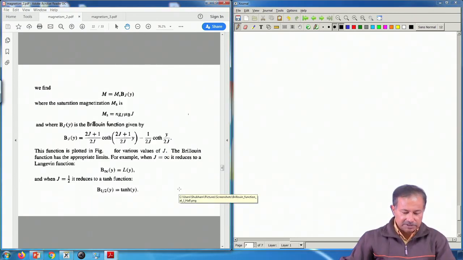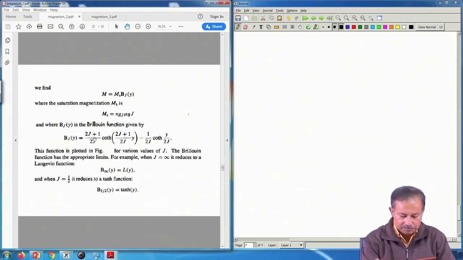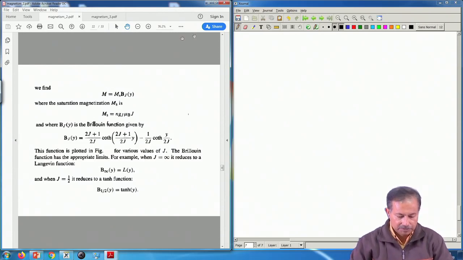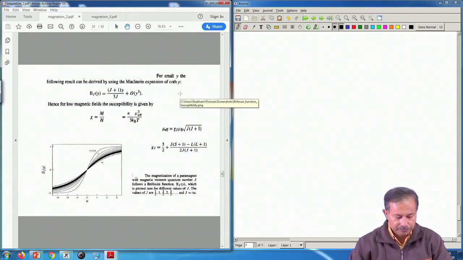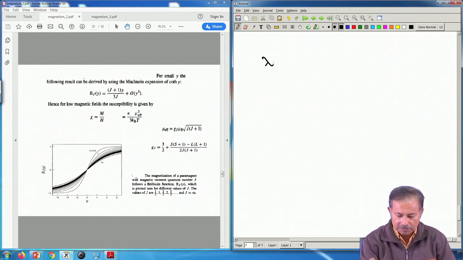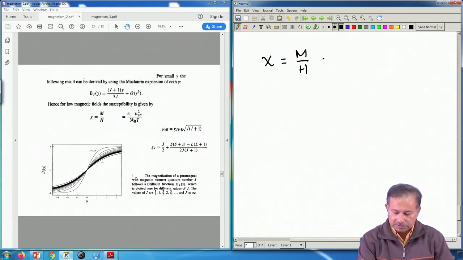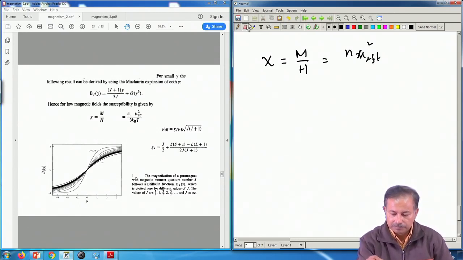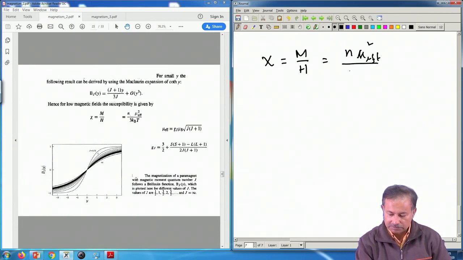interesting, that chi, which is equal to M by H, turns out to be N mu effective squared by 3 k_BT, because of that 3 that I have.